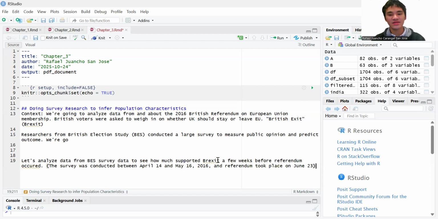I think the idea here was to predict who will prevail, whether the UK will stay or leave the EU, based on the data of the population. So they were already predicting what was going to happen. This is a really cool study. We can do this everywhere, say for elections.